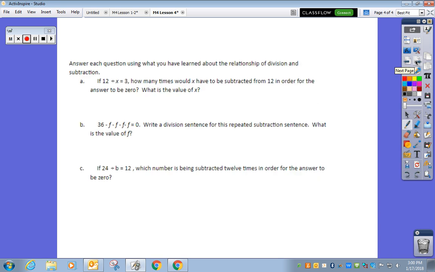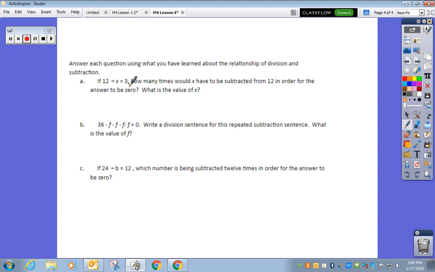So let's look at some more examples here. This says if 12 divided by x equals 3, how many times would x have to be subtracted from 12 in order for the answer to be 0? So the division problem itself tells us that.